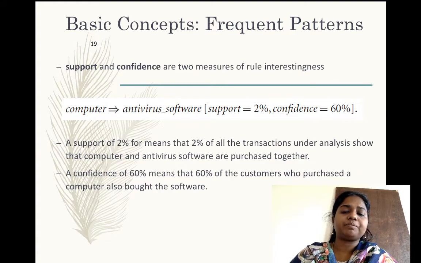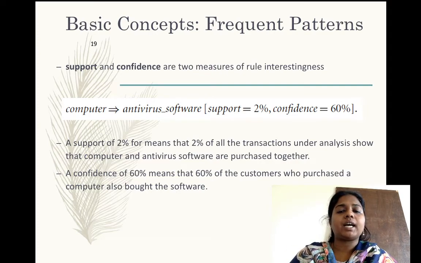Support is mathematically defined as the ratio of the number of transactions in which the predecessor and the consequent are present to all the transactions under analysis. So if I have 100 transactions in my sales, then I can say that out of 100 transactions, 2 of the transactions had both computer and antivirus software purchased together.